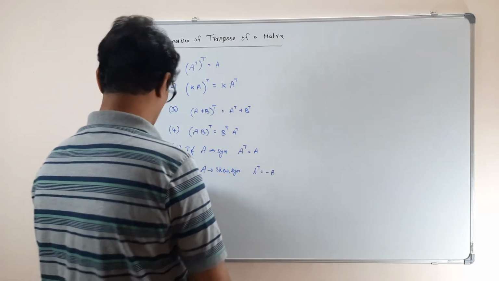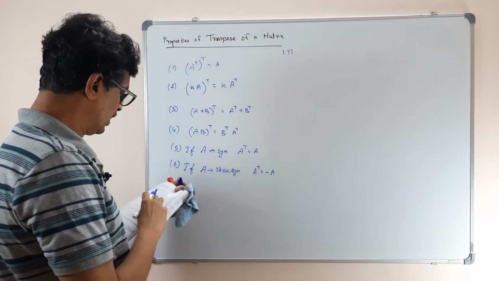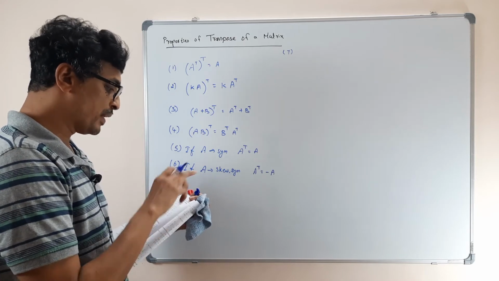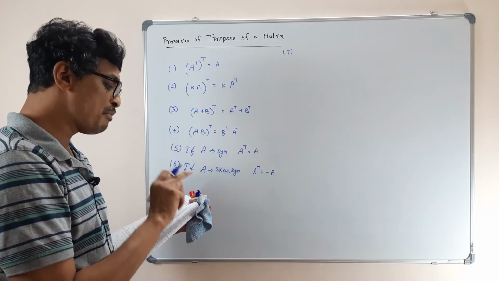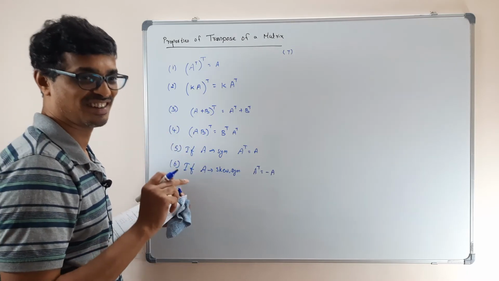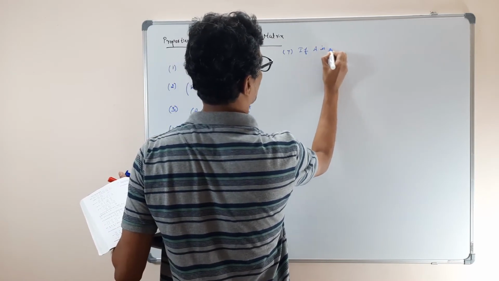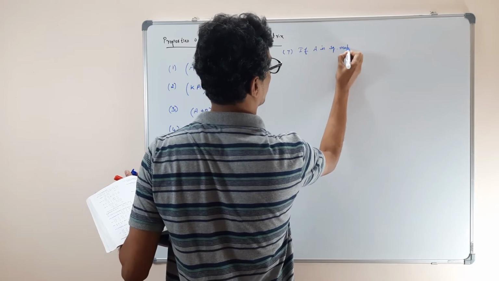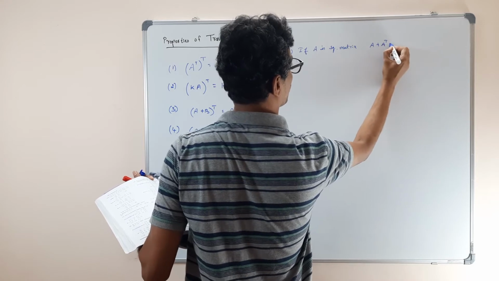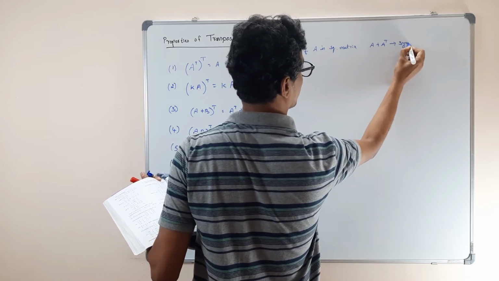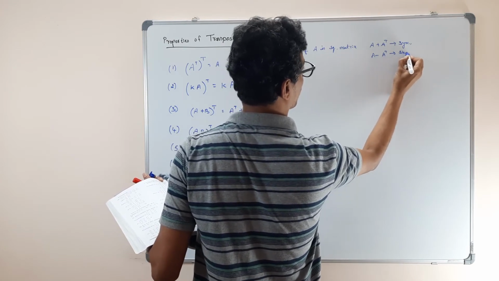Okay, so the seventh one is, if A is a square matrix, then A plus A transpose is symmetric and A minus A transpose is skew symmetric.